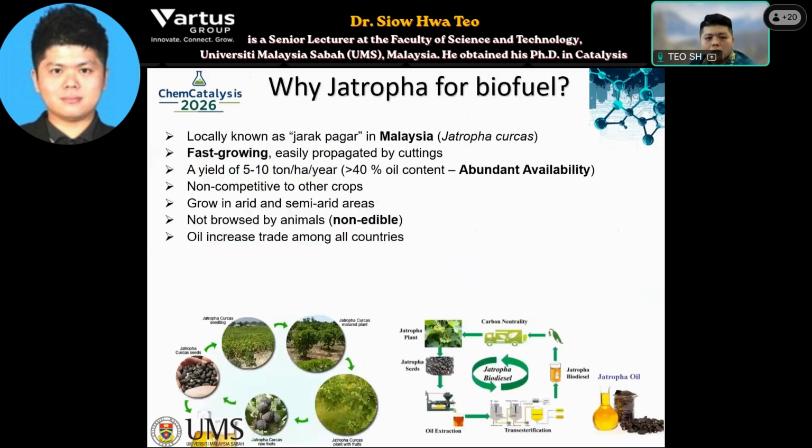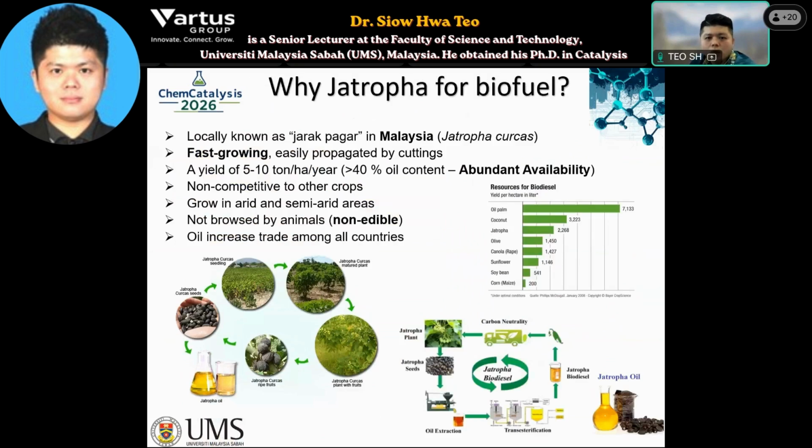Look at this slide. An equally important factor in biodiesel production is the selection of a suitable feedstock. In this study, we selected Jatropha curcas, or locally in Malaysia it is known as jarak pagar. Jatropha is considered a promising biodiesel feedstock because it is a non-edible plant and therefore does not compete with food resources.